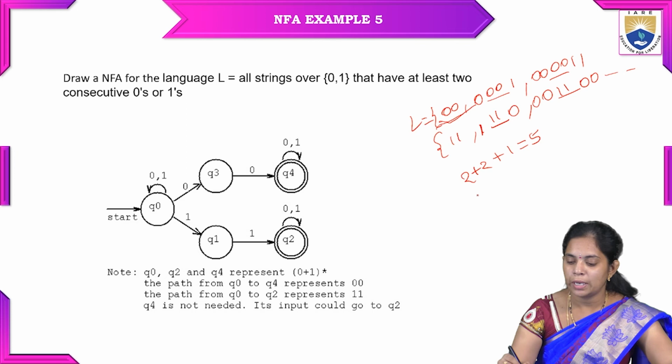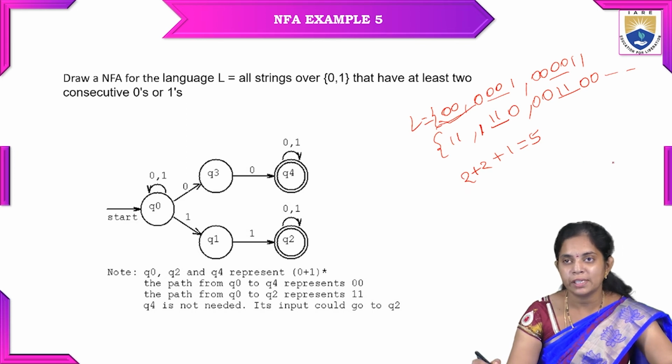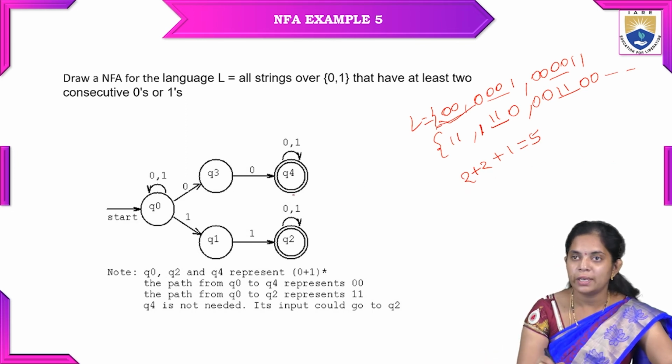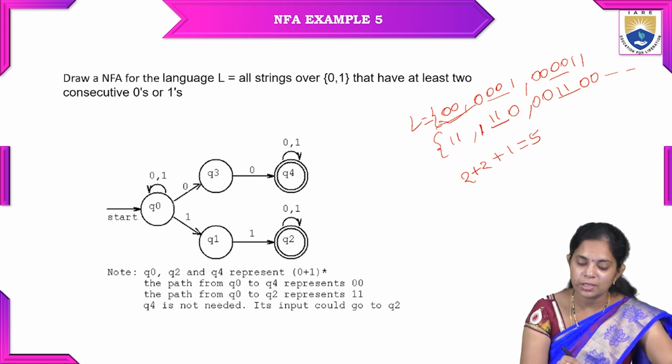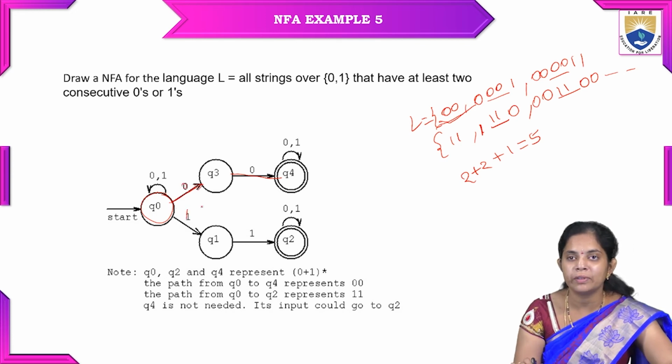And as we discussed earlier, we require 5 states to satisfy the two substrings, 0 and 1. So here the 0 is satisfied with this path. And from one state we are having two input symbols. So this is the thing. What is the difference?